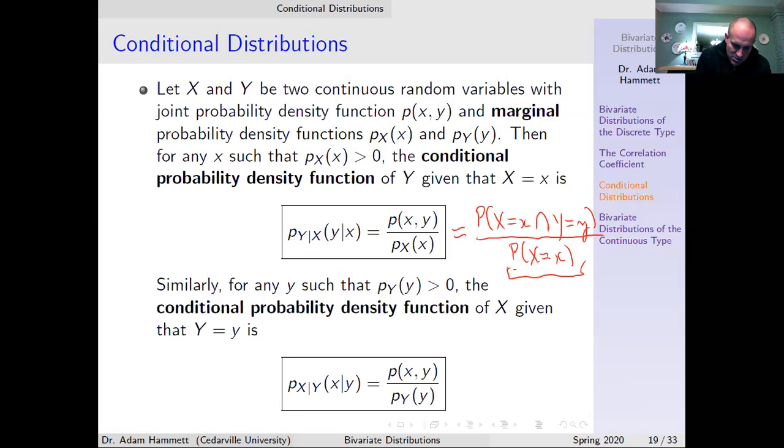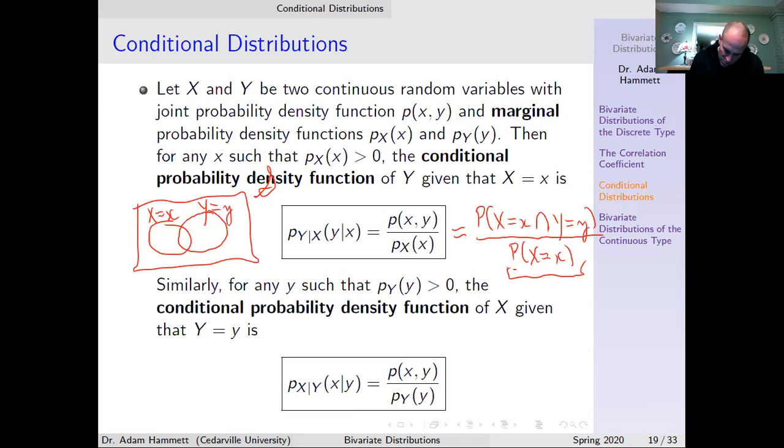Here's the generic picture. We're in the sample space. Here's the event X equals little x, and here's the event Y equals little y. What we have now done is said that this is our new sample space, the probability that X is equal to little x. So I'm no longer allowed to be looking over here.